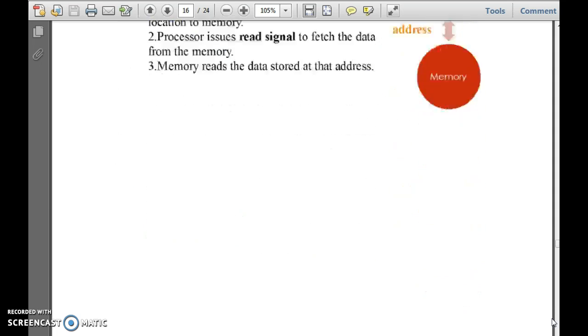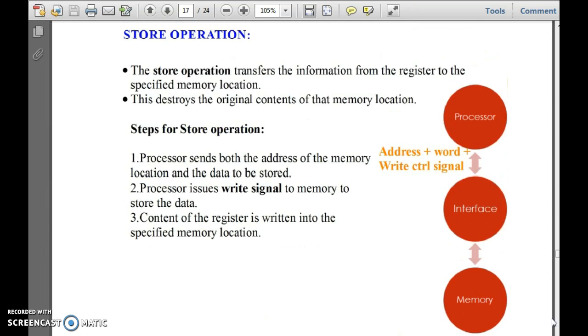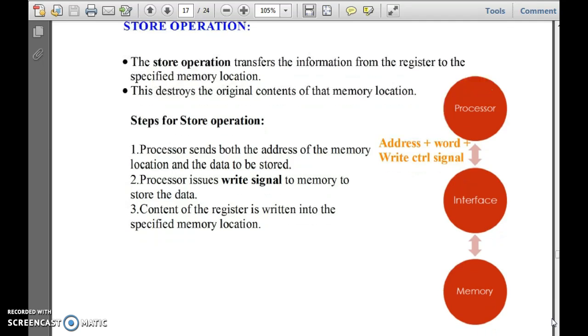This is the load operation. Similarly, in the store operation, the processor transfers the word along with the address and the write control signal. When it writes a word, the contents in the memory are replaced. This is the store operation.